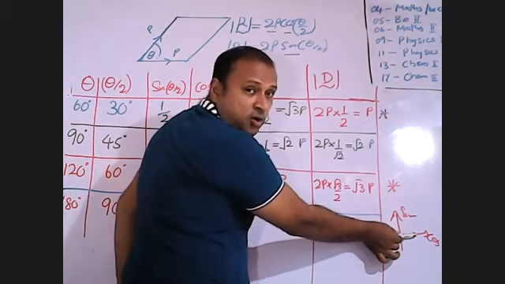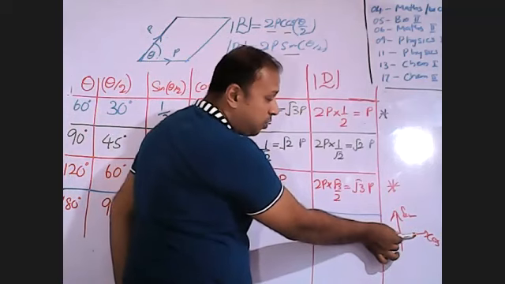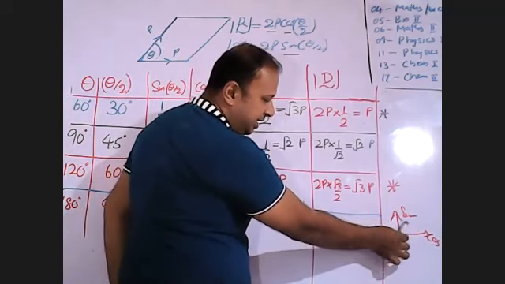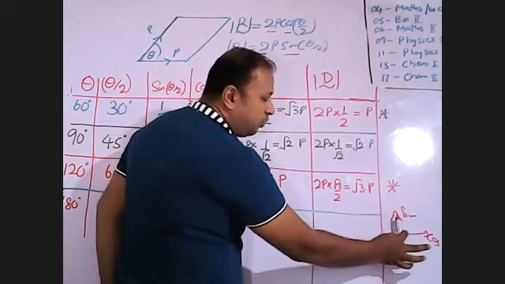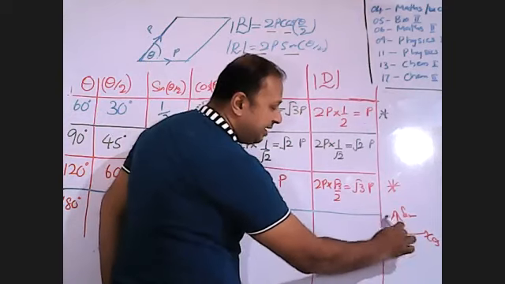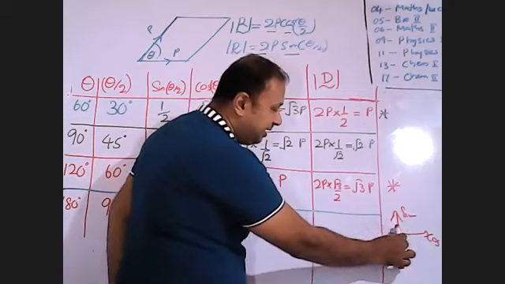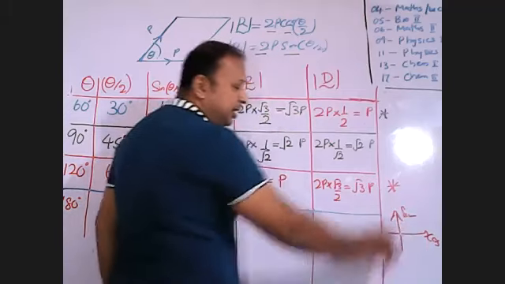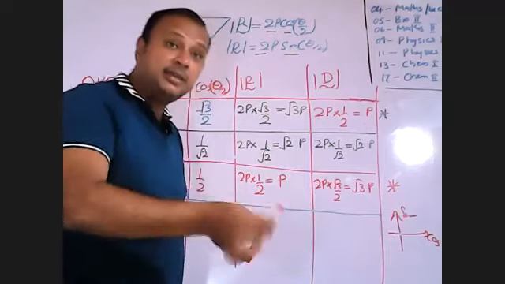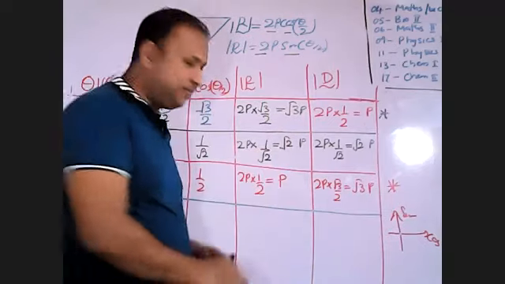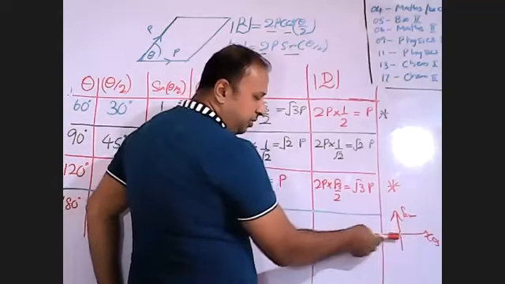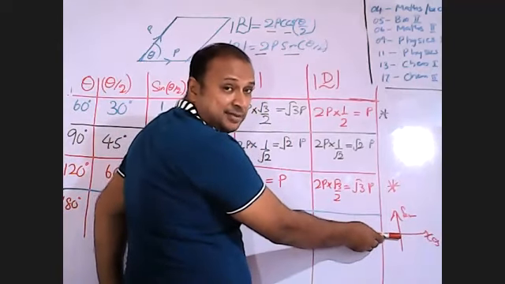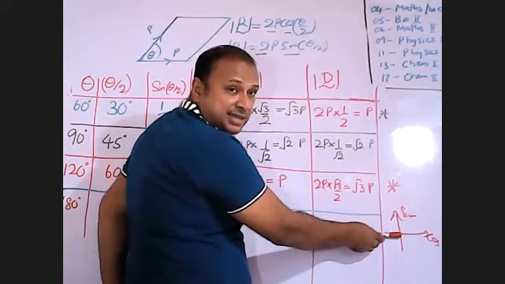The unit rod is on the x-axis. The angle is 0, which means cos value is equal to 1. If this unit rod is on the y-axis, the rotated angle is 90. Now the unit rod is on the y-axis, that means sin 90 is equal to 1, cos 90 is equal to 0. Then suppose the unit rod is on the minus x-axis.